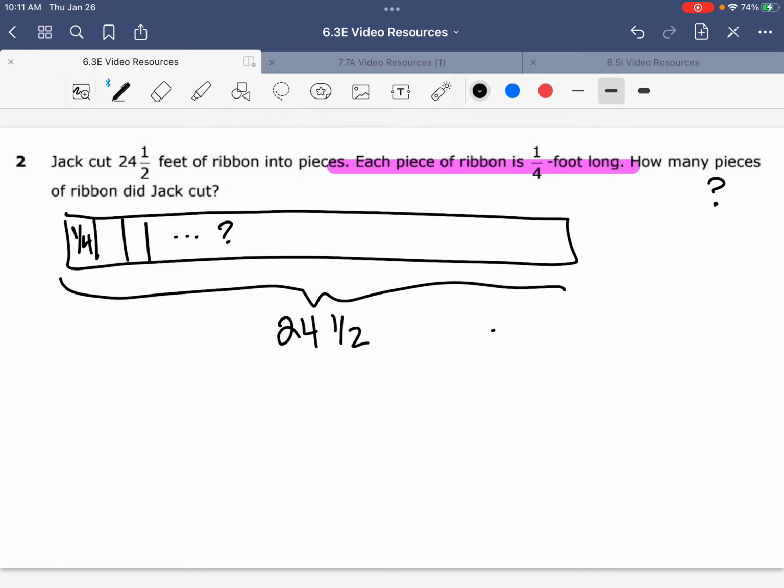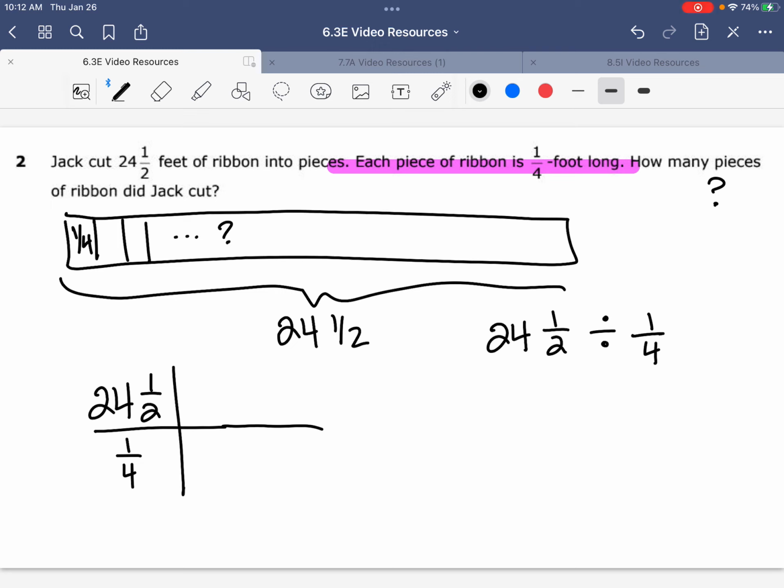So I am taking 24 and 1/2, and I am dividing it into groups of 1/4. And again, I know that I can represent division as a fraction. So I'm going to say, hey, I have 24 and 1/2 divided by 1/4, and I want to find the size of one group.